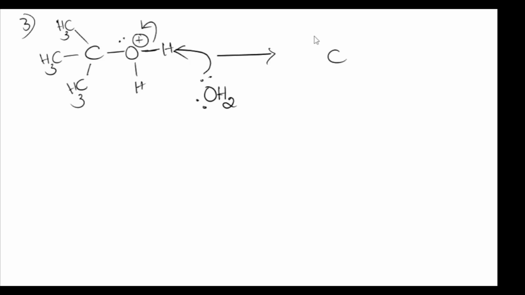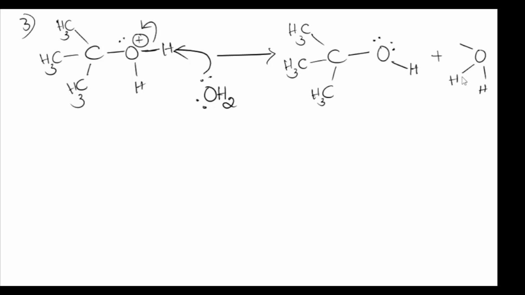Then it will give carbon and this three methyl groups as they are there like that, CH3 and CH3, and here I am writing oxygen and hydrogen. This positive charge will get nullified and we will get two lone pairs looking like this, plus we will get oxygen attached to three hydrogens, having one lone pair and one positive charge.